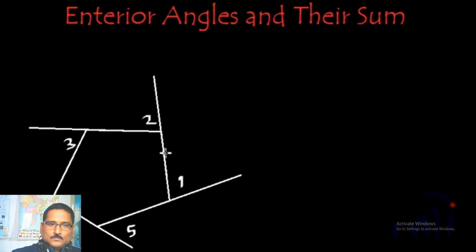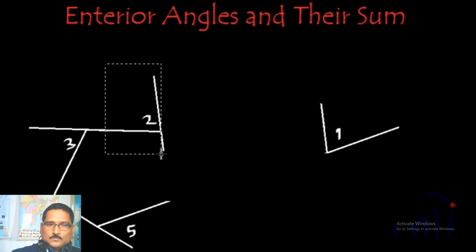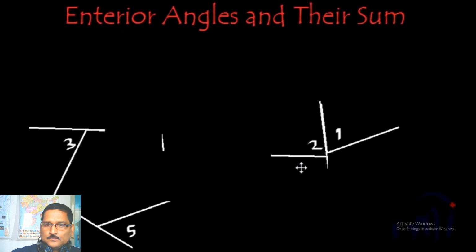So first let me cut angle number 1. I'll cut it from here, move it over here, and next I'll cut like this and assemble it in such a way that their vertices meet. And let me erase this extra line which we have got.